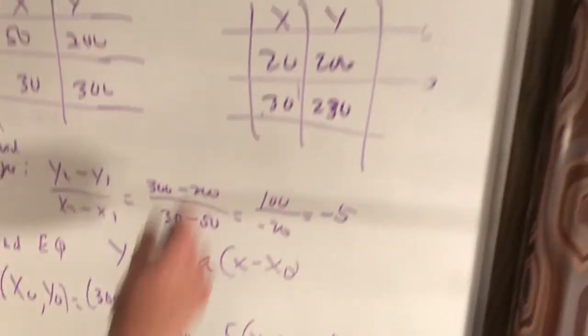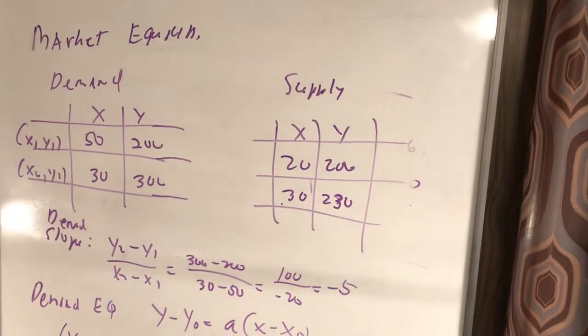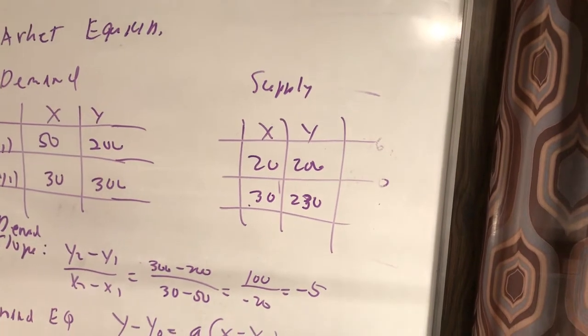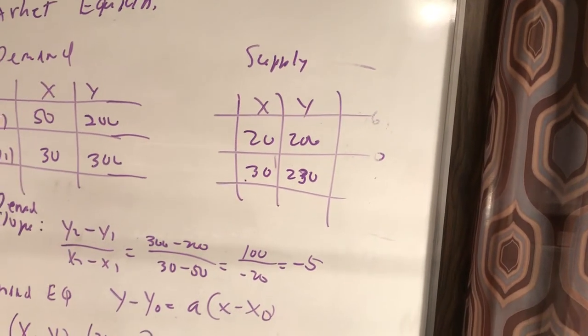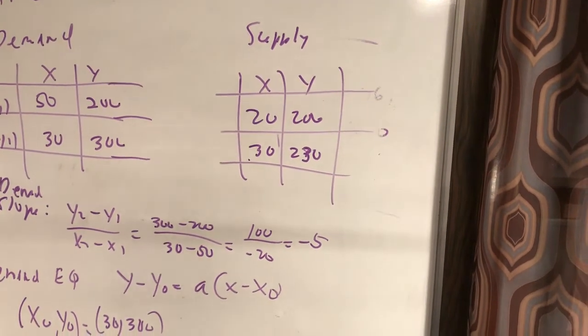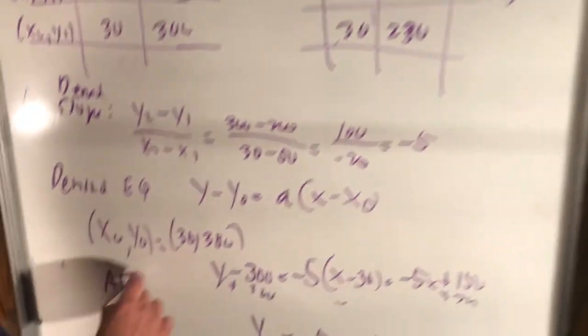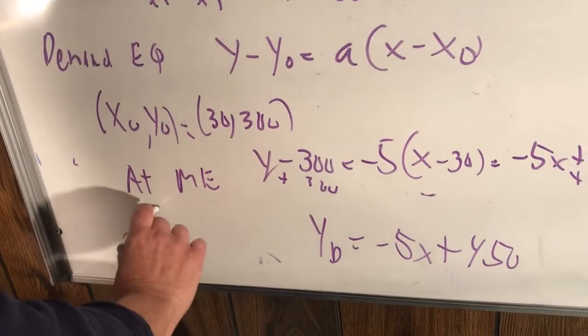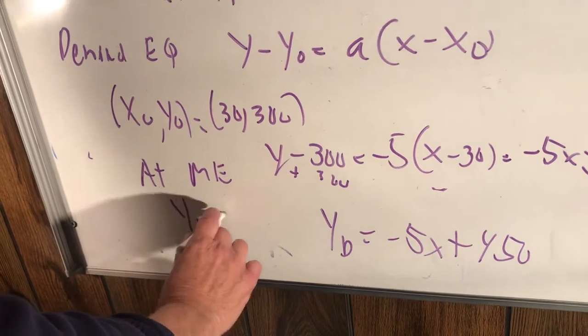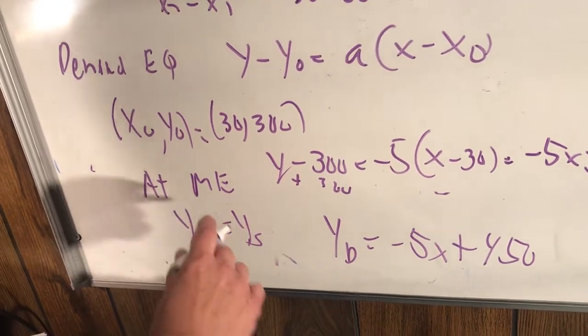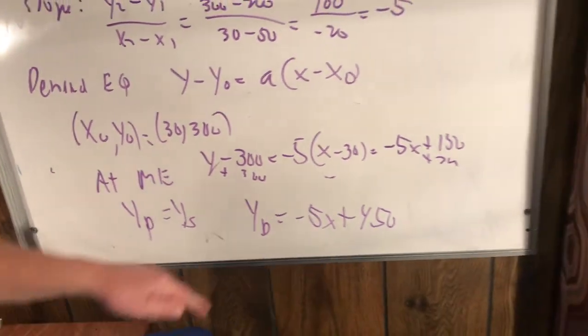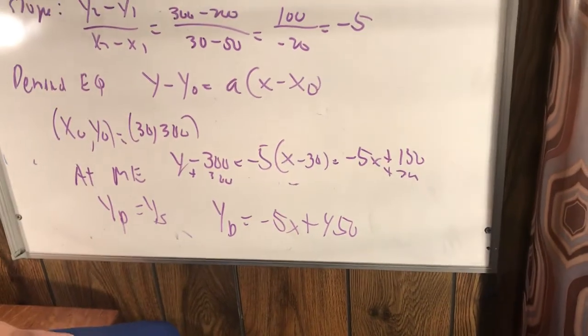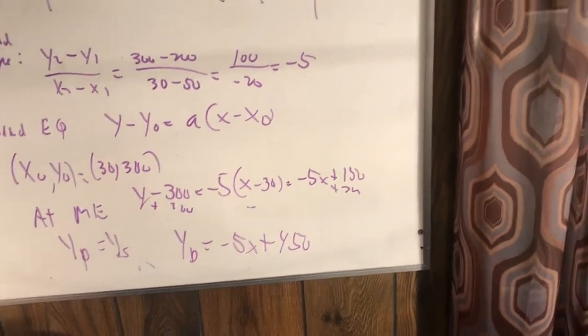To do the same thing for the supply curve, 230 minus 200, 30 over 20, you'll get a slope of 3. Find a supply equation, and at market equilibrium, the demand equation equals the supply equation. Solve for x, put it back in one of these equations, and solve for the price per unit.